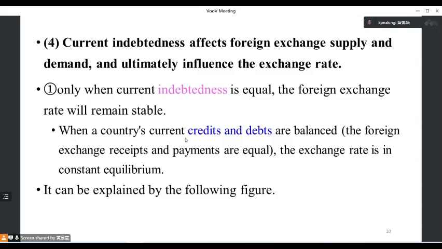When the country's current credits and debts are balanced, the foreign exchange receipts and payments are equal. The exchange rate is in constant equilibrium.